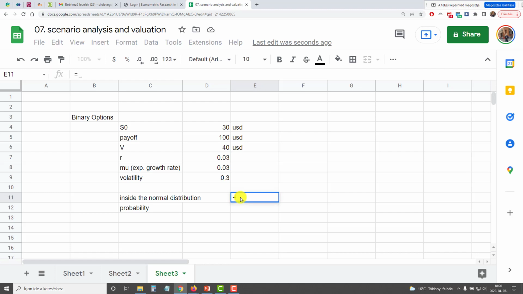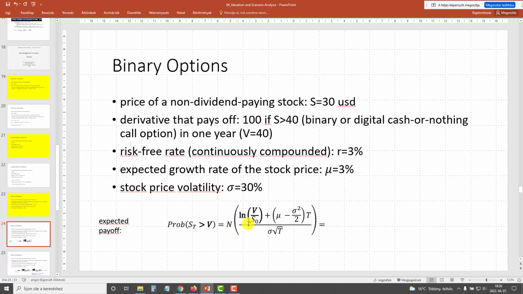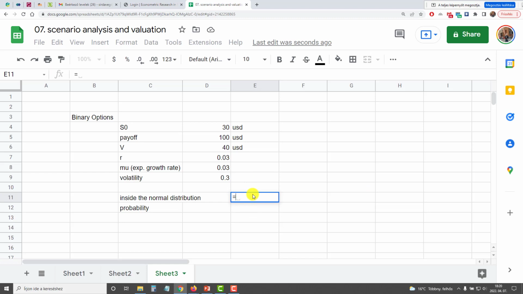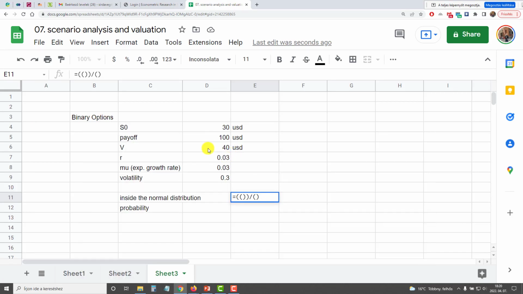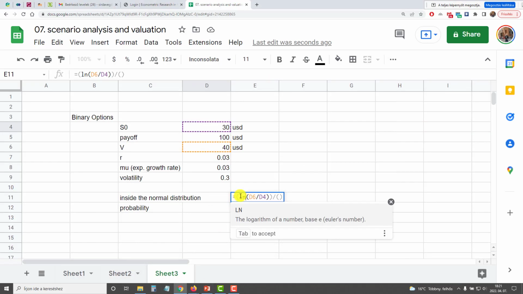Okay, so we have a huge division mark here, so we have to put everything into brackets. Then there will be something under it. So now we can say that, okay, V divided by S0, and all this thing is in ln, natural logarithm.